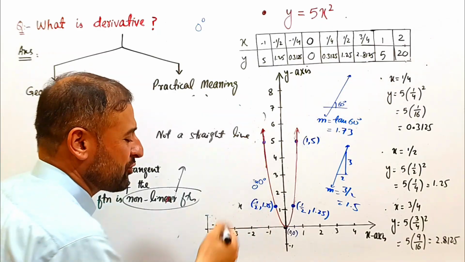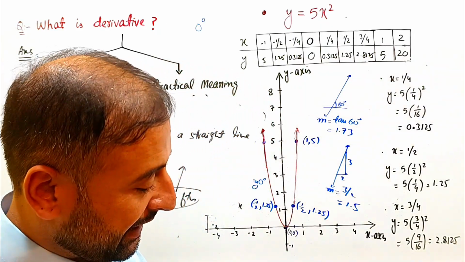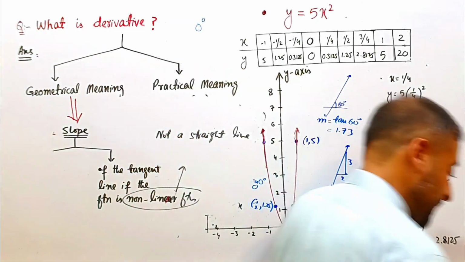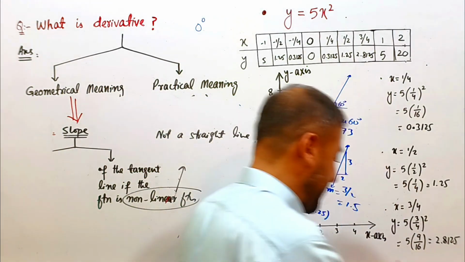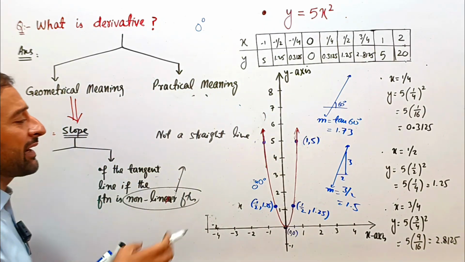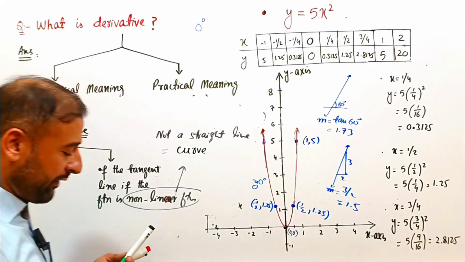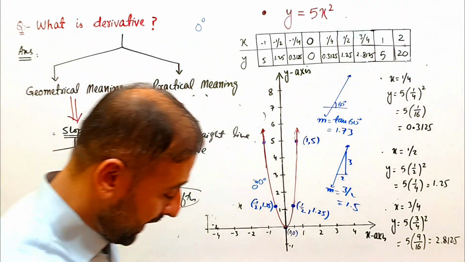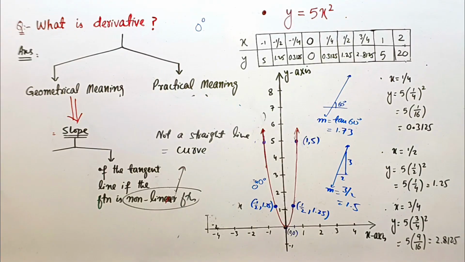And if it is not a straight line, we say that the graph will be curved. Either you say that the graph is not a straight line, or you say that the graph will be curved. They are equivalent statements, students. Curve, not a straight line.